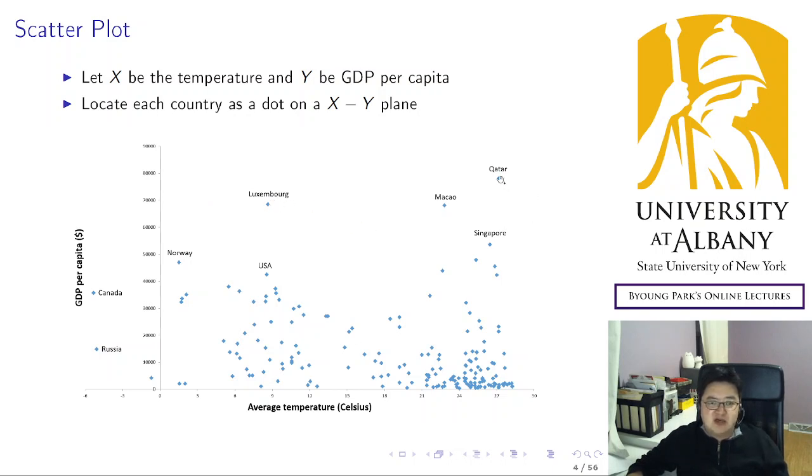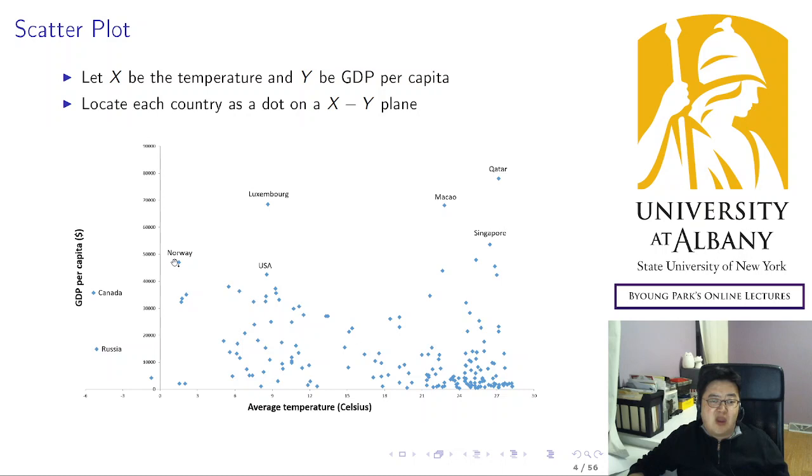For example, Qatar is here because Qatar's average temperature is above 27 degrees Celsius, and GDP per capita is nearly $80,000. Canada and Russia are far to the left because their average temperature is below zero, below the freezing point. So they are here, and their GDP per capita is on the vertical axis.